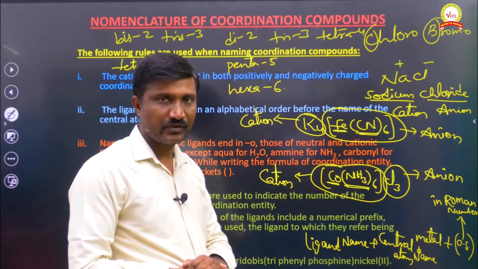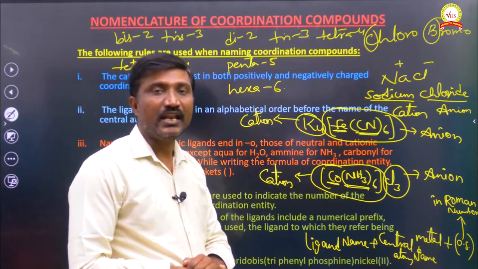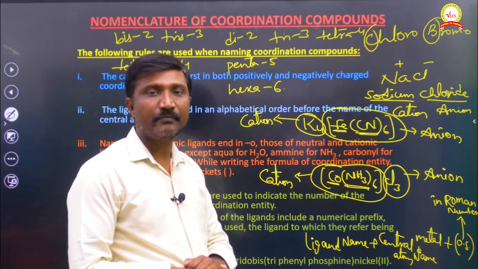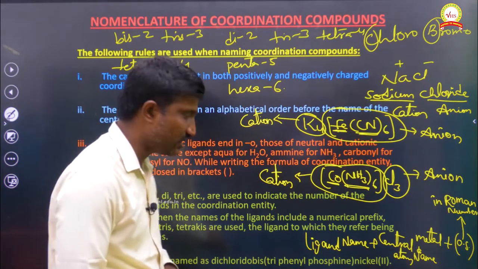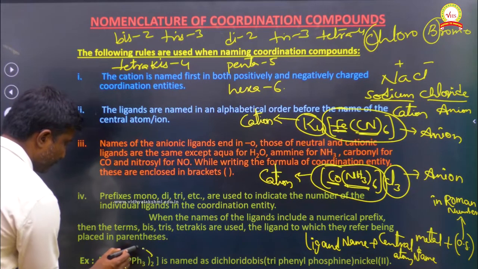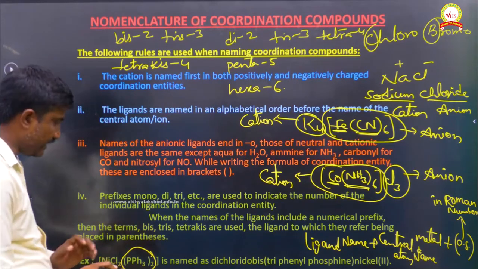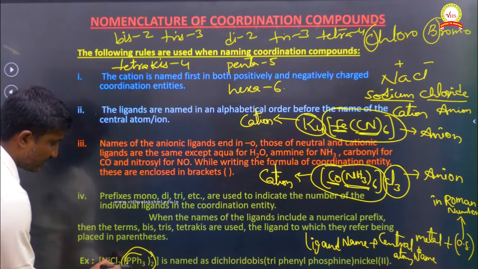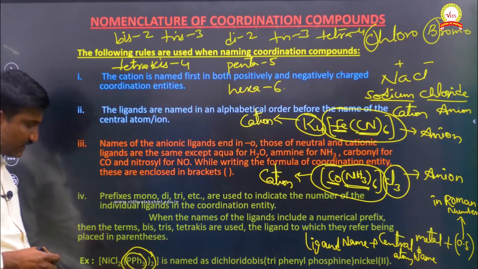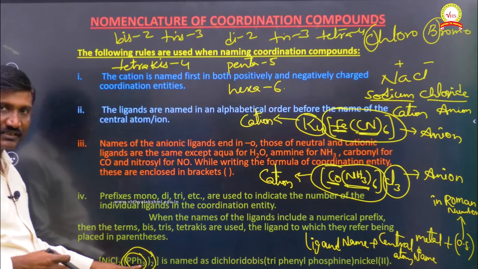Sometimes a ligand has a number as a subscript. For example, if I am taking here PPh3 taken twice, in this PPh3 is a ligand and a number subscript is there, right?